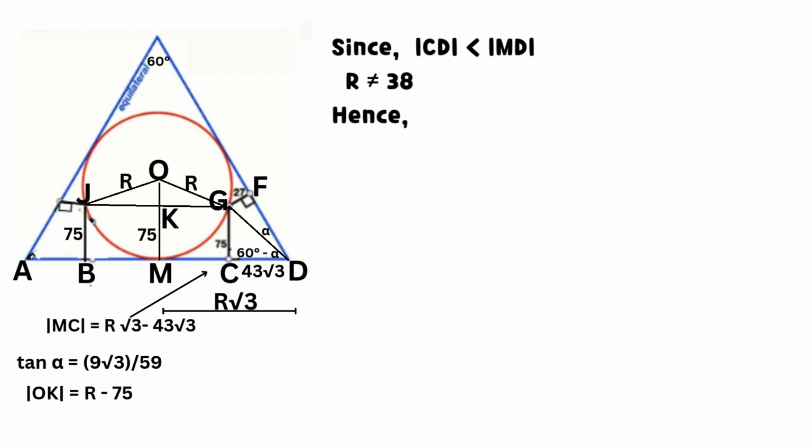Since line CD is less than line MD, therefore R does not equal 38. Hence, R equals 98.